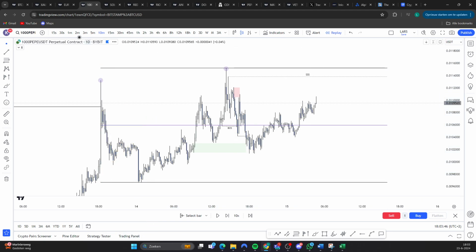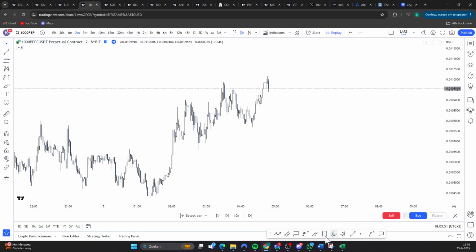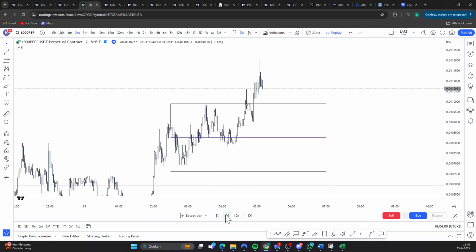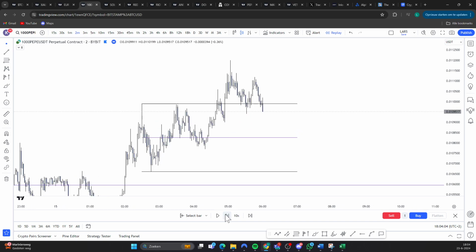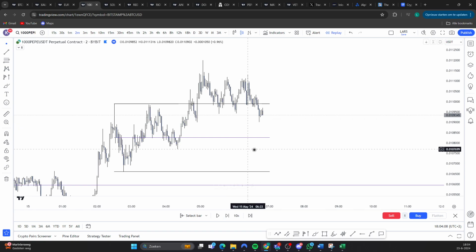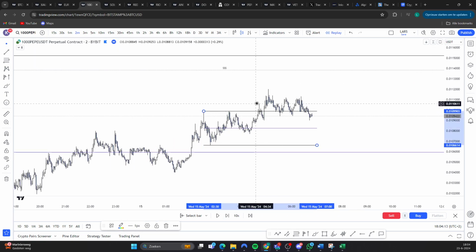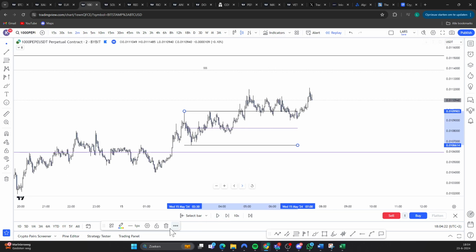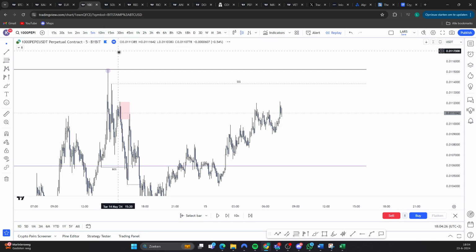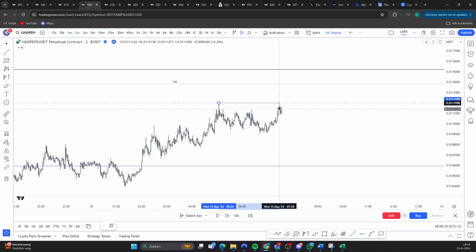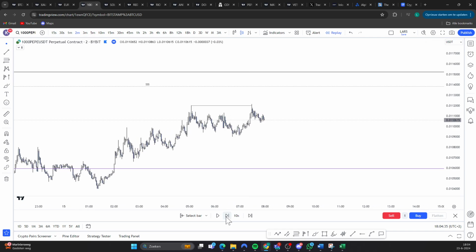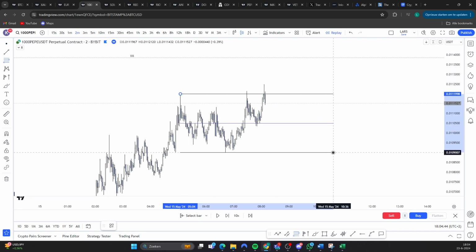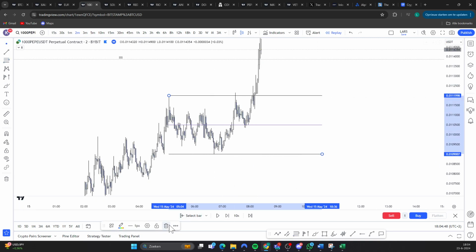Break that volume area high and we're going higher for sure. There you go.